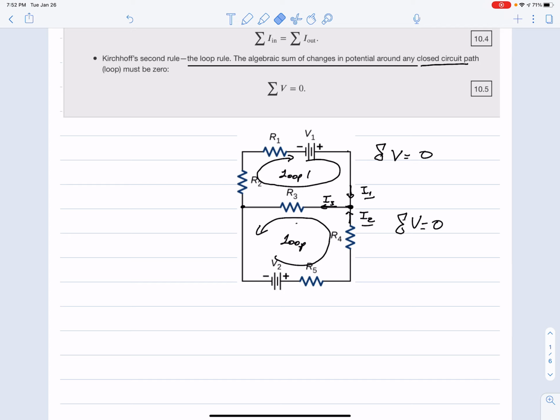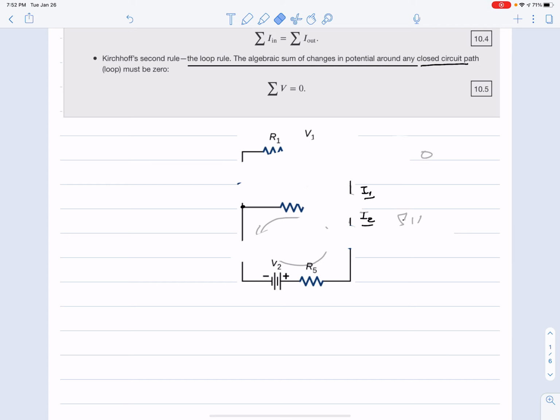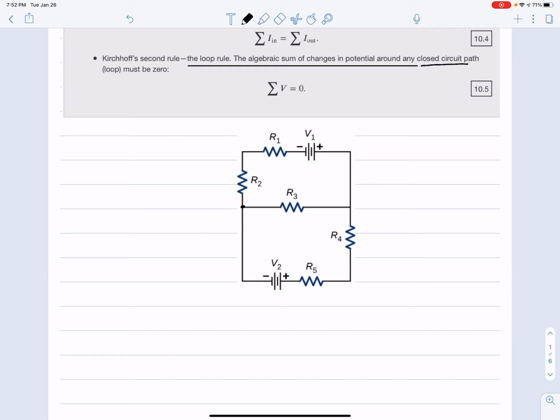Okay? But it doesn't have to be just those 2 loops like I did in class. I could say, okay, I want this loop, just as long as I don't repeat the pattern. And I can say, I want to take outside this, I want to take this loop as well.